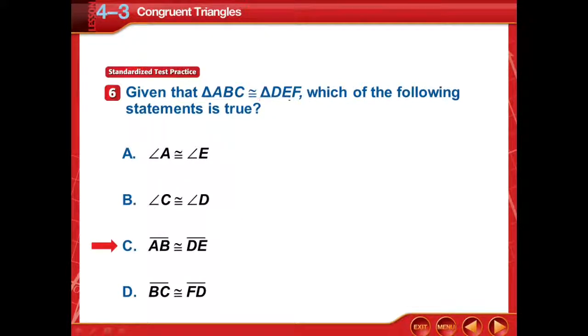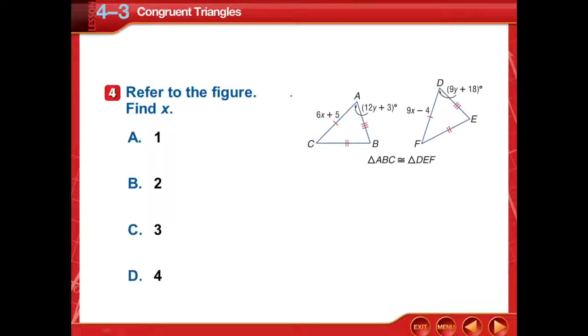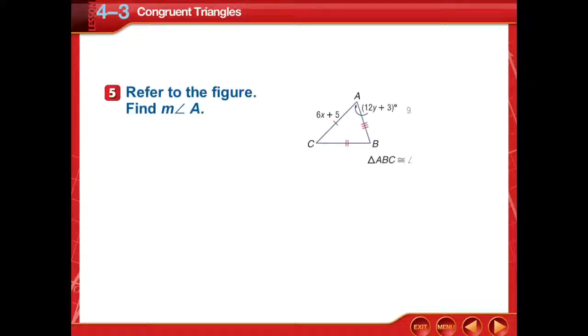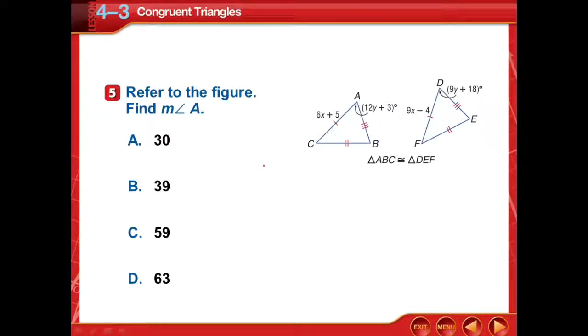A, B, and D, E are in the same positions. That makes them congruent. Please note for this example, you are only finding x. Please note for this example, we are finding the measure of angle A, not just y.